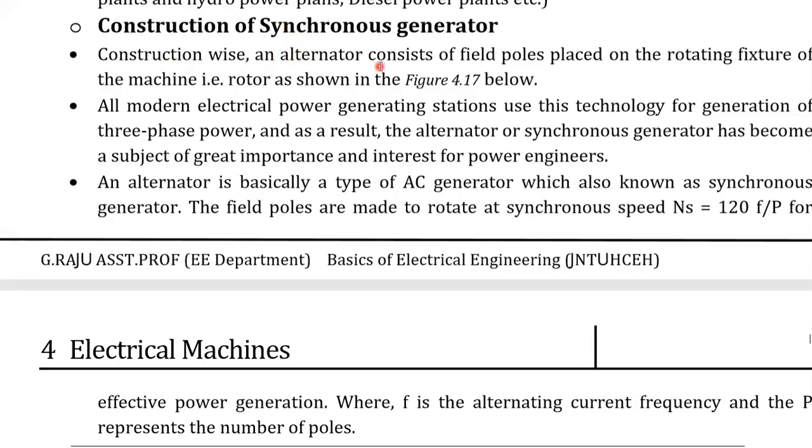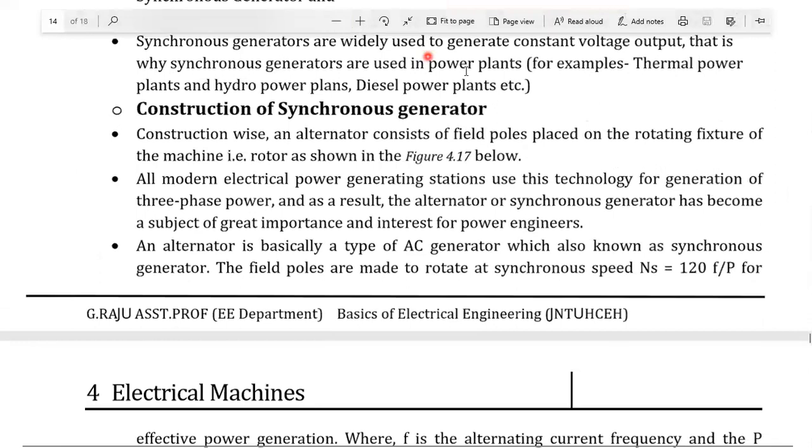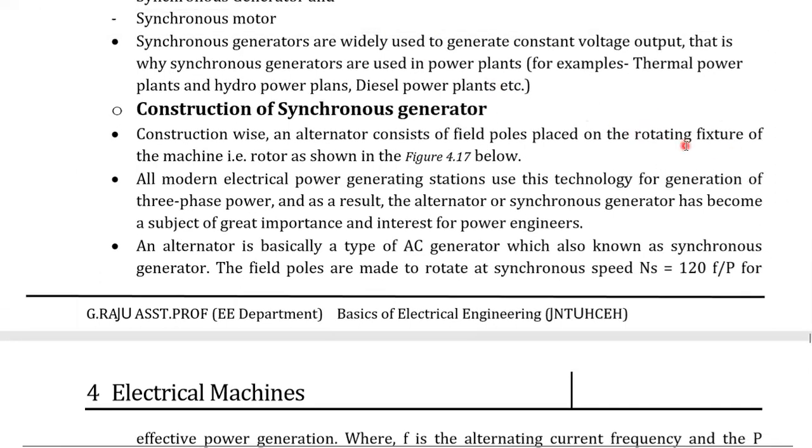Construction wise, an alternator, that is the generator, consists of field poles placed on the rotating part. That is called the field winding.